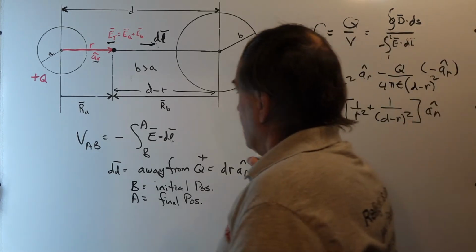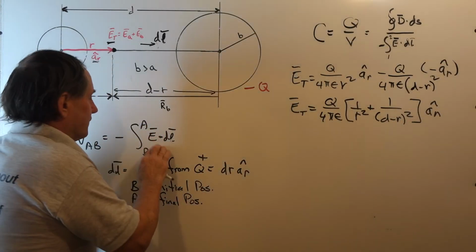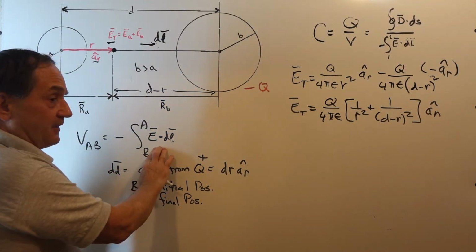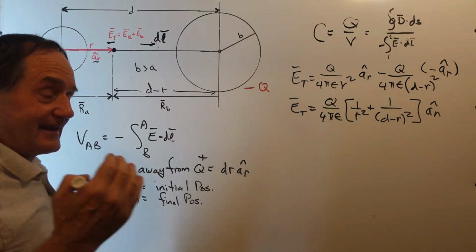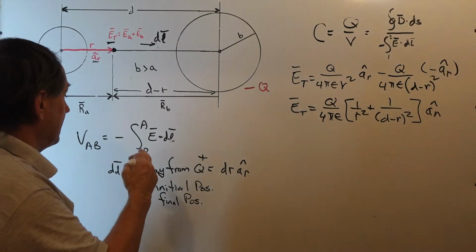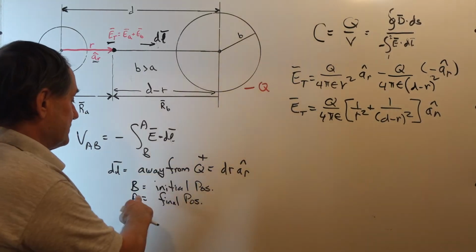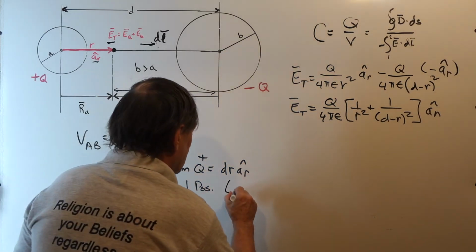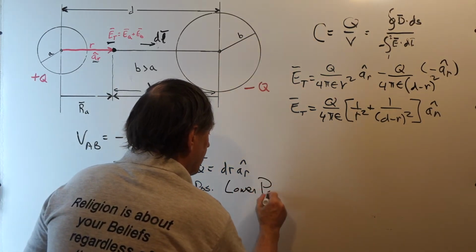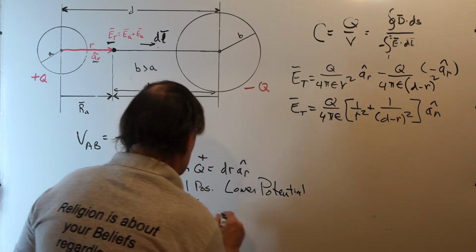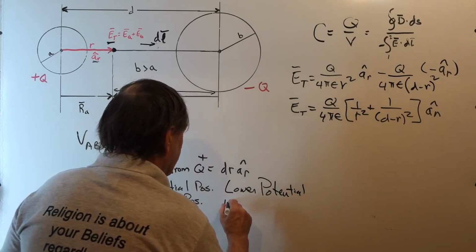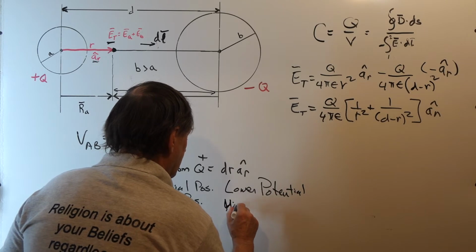So the voltage definition, this path length integral, is assuming that you're going against the field. You're starting at a point B, which is at a lower potential, and you're integrating to a point of a higher potential.